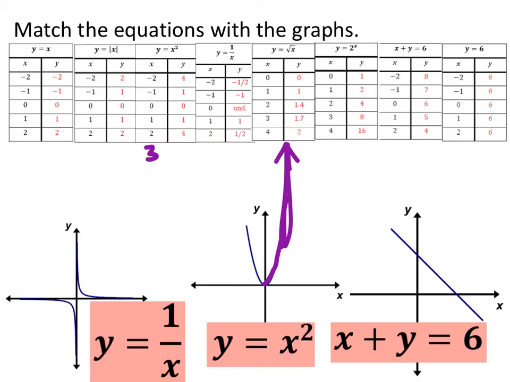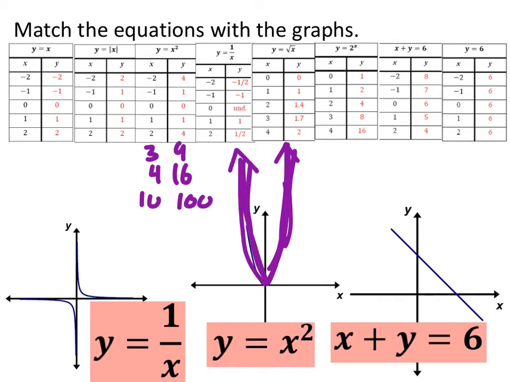Like if we had 3 here, that'd be 3 squared, which is 9. 4 is 16. By the time you get to 10, you're going to be at 100 there. So it's increasing very rapidly, not only to the right, but also to the left, because as we make this more and more negative, the y values are going to become increasingly more positive.